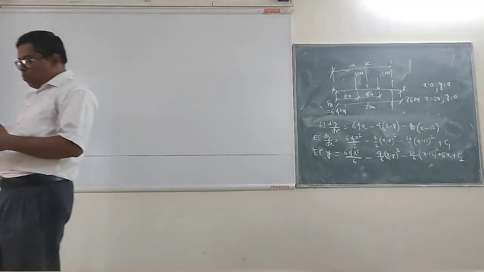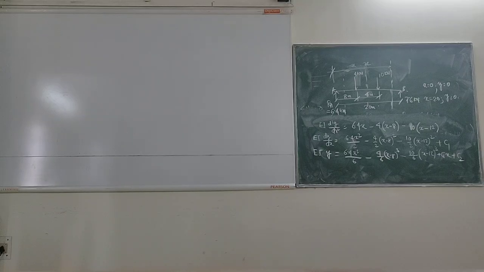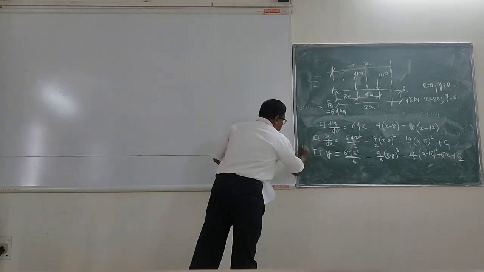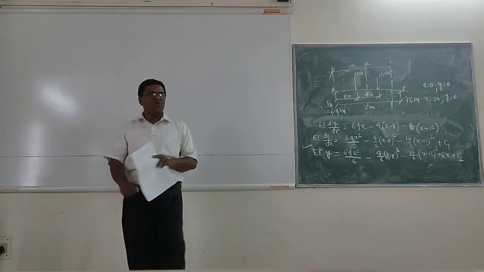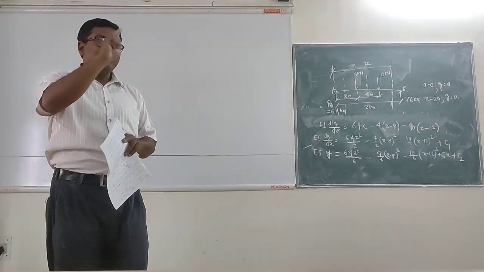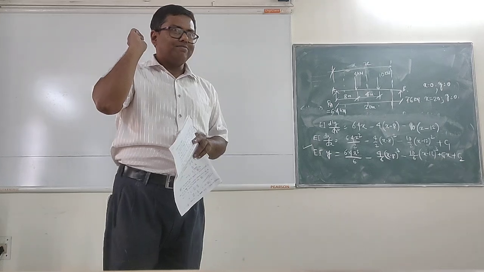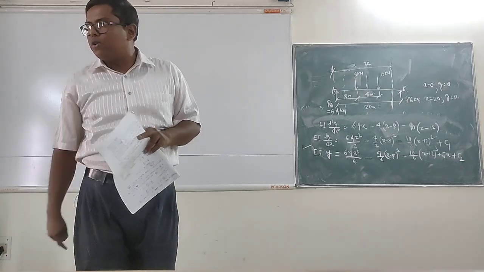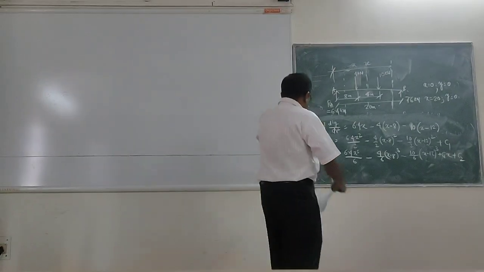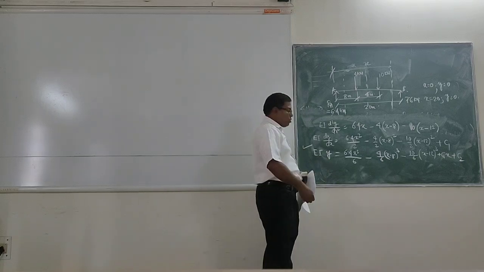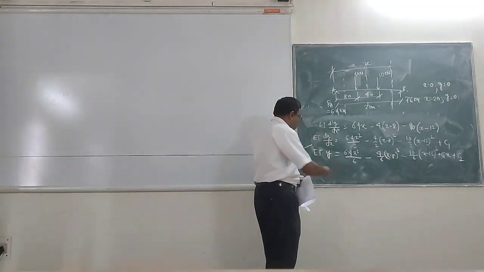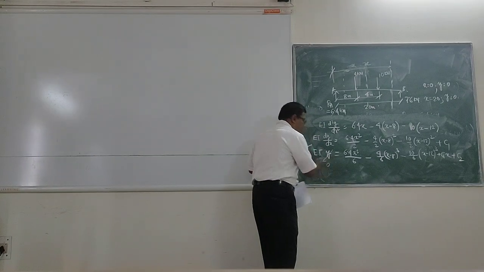So now you put back the values in the equation. At x equal to 0, y equal to 0, the first condition. In this equation you put it, and tell me what is the value of C. If you can tell me, then you are clear on Macaulay's theorem.